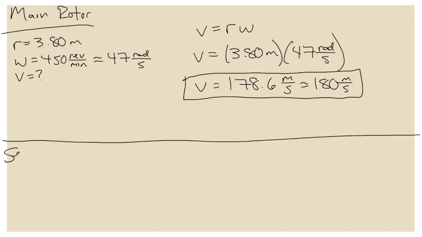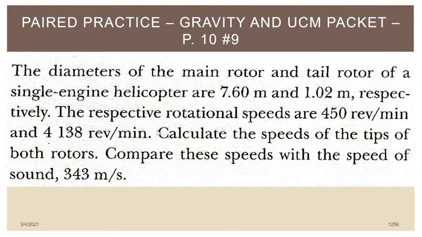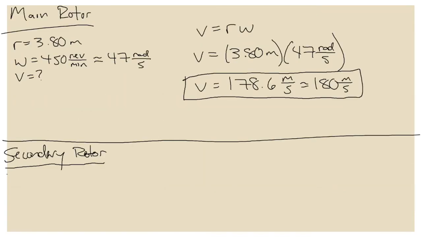For the secondary rotor, we engage in exactly the same process. The description in the beginning told us the diameter of that rotor is 1.02 meters. And so that means the radius is going to be 0.510 meters.